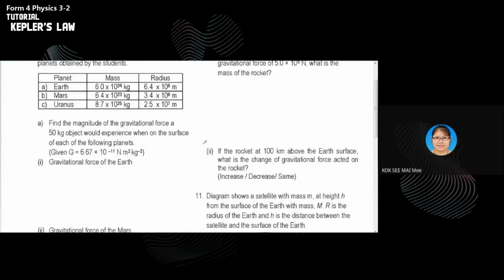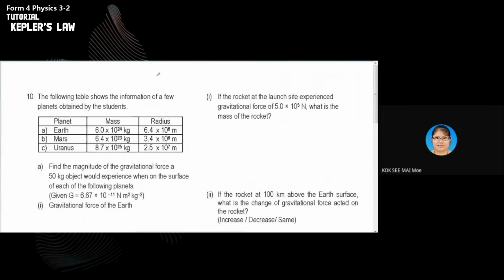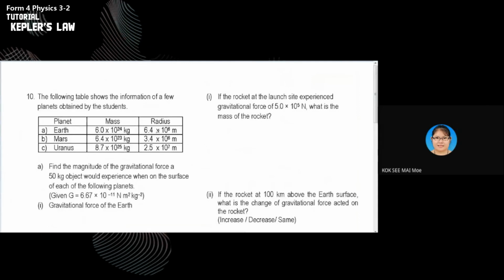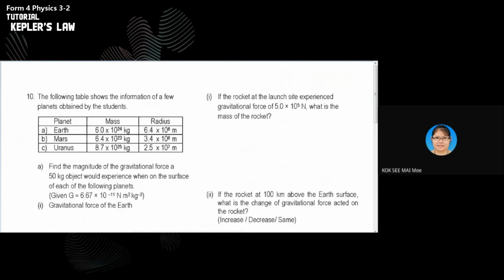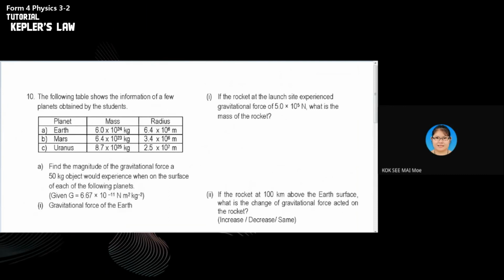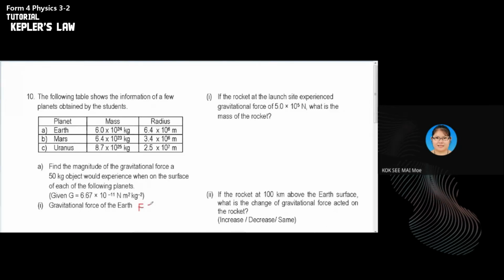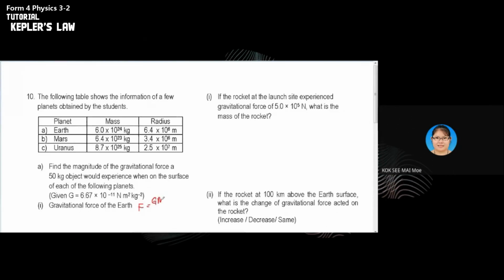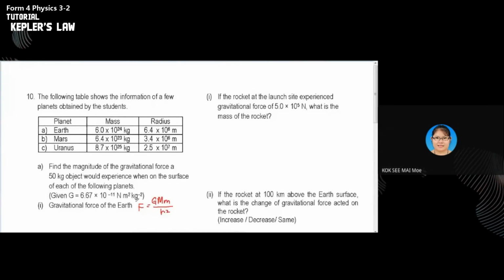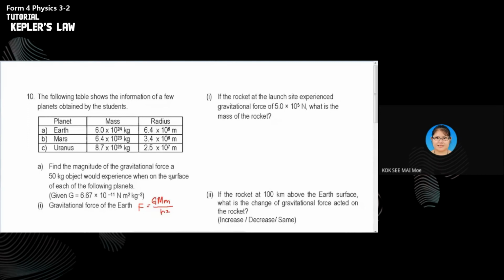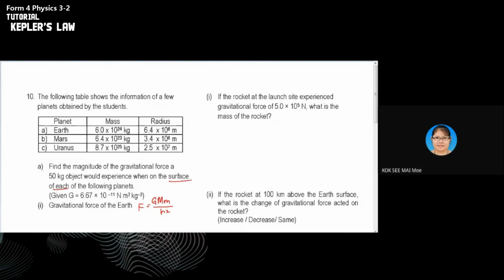Question number 10: Earth and Uranus. They give you the mass and radius of each. Find the magnitude of the gravitational force. Gravitational force is the first thing we learn. The formula is F equals G capital M small m over R squared. This is all at the surface, so we no need to add anything.